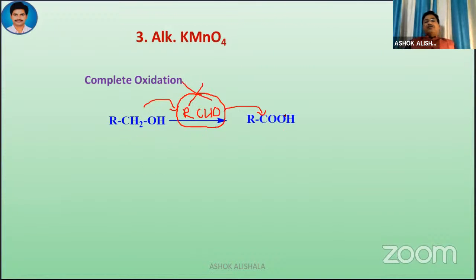Directly the alcohols, even primary or secondary alcohol, are converted into the carboxylic acid. If it is a primary alcohol, you will get the carboxylic acid with the same number of carbons. If it is secondary or tertiary, the carboxylic acid has fewer carbon atoms compared to the alcohol.